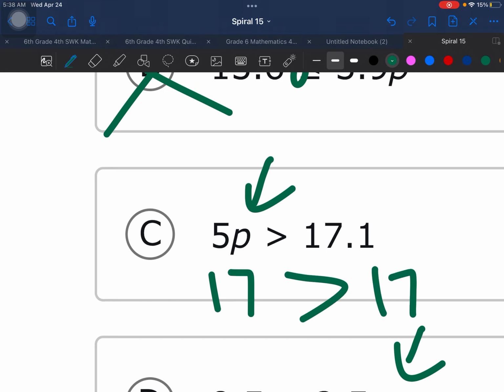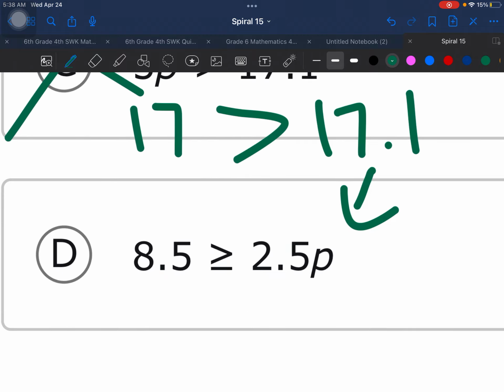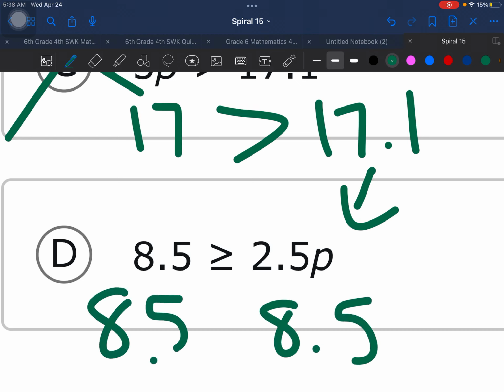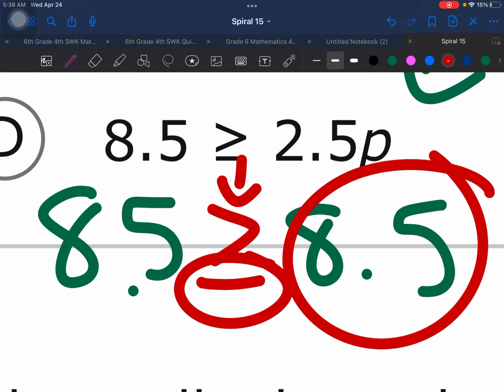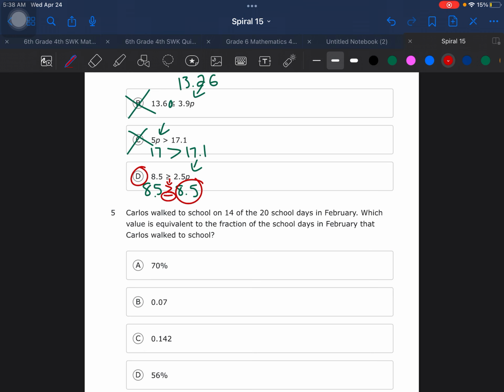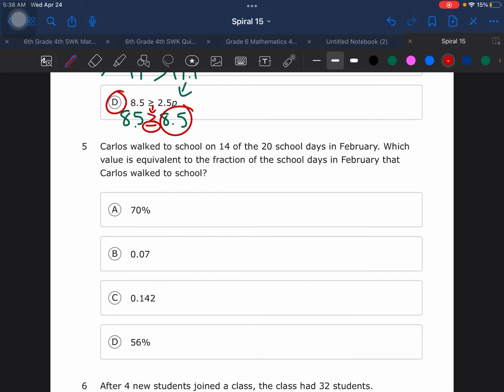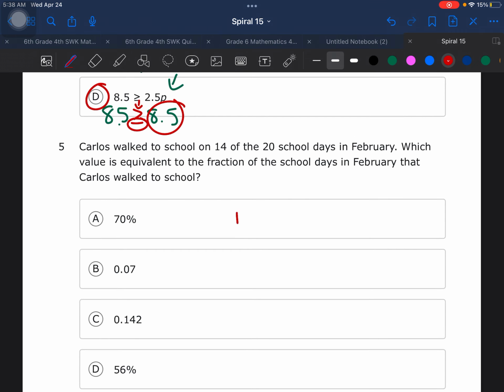Is 17 greater than 17.1? No. And last but not least, 2.5 times 3.4, we would get 8.5. But listen to this. Please listen. Escuchen. Is 8.5 greater than or equal to 8.5? Yes. And obviously it's the last choice, so that one has to be our answer.